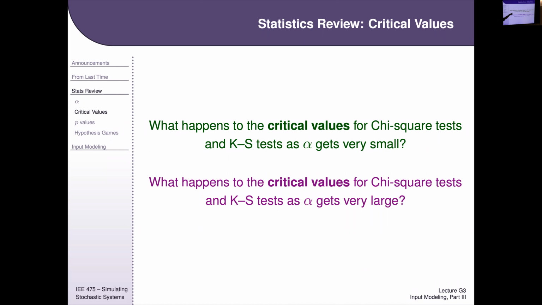And so the critical value is the value at which you say, that's too big, I'm detecting a difference from the null. So if alpha gets small, and I go to my table in the back of the book to look at the chi-squared critical value, does the critical value go up? Does that boundary get higher, or does it get lower?